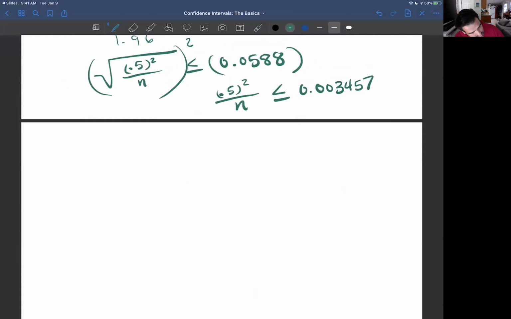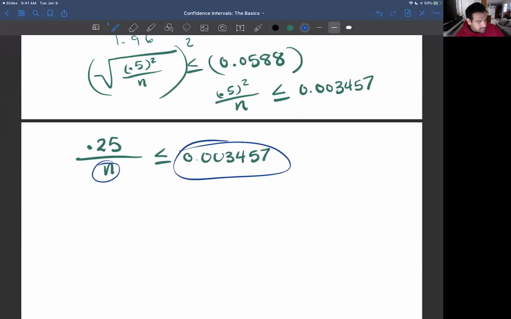we're going to get 0.5 squared. Technically I can swap the place of these two, right? I can divide and multiply by both sides.